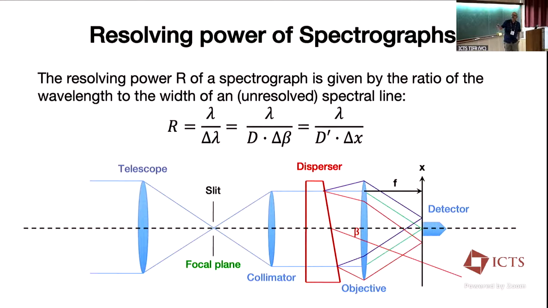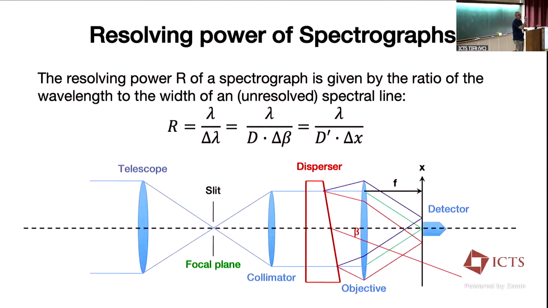In an abstract sense, the resolving power, again, is lambda over delta lambda, that's the definition. So it's lambda divided by the angular size of a given wavelength beam times the dispersion, or the linear dispersion if I look at the focal plane of the detector.